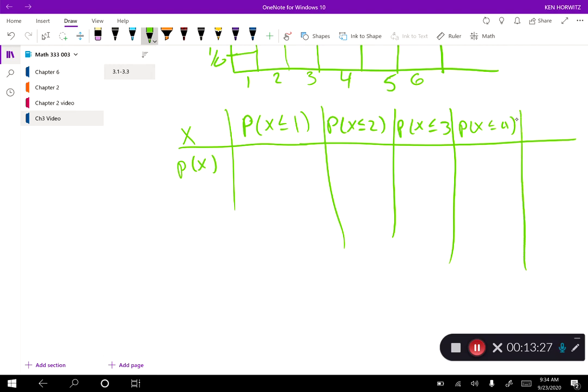Less than or equal to 4. So again, this would be 1/6, 2/6, which would be 1/3, 3/6, which would be 1/2, because I'm taking the 1/6, right? Because if I'm saying probability of x, of rolling less than or equal to 3, I can roll a 3, I could roll a 2, I could roll a 1. So there's 3 potential numbers I could roll out of a possible 6 numbers.